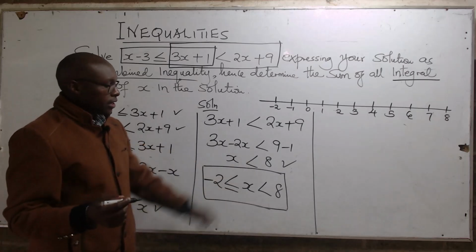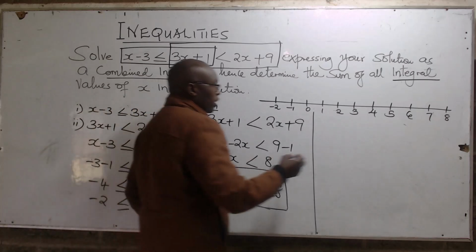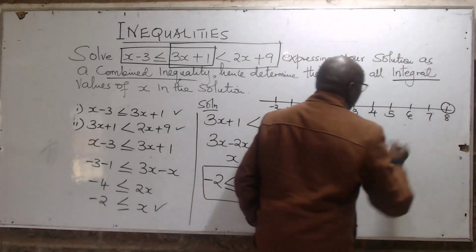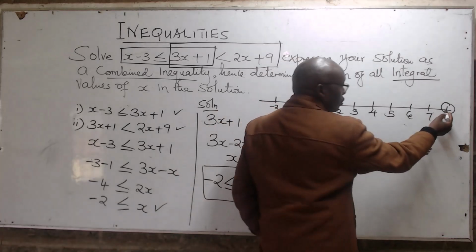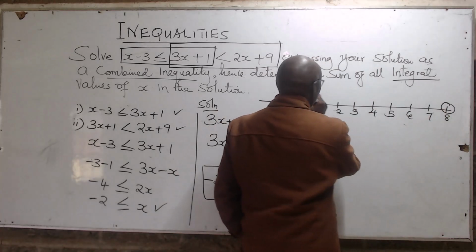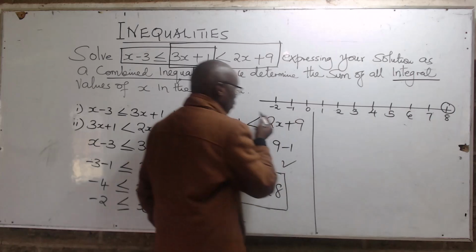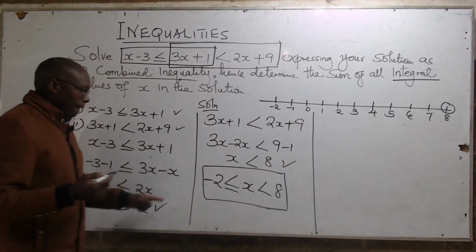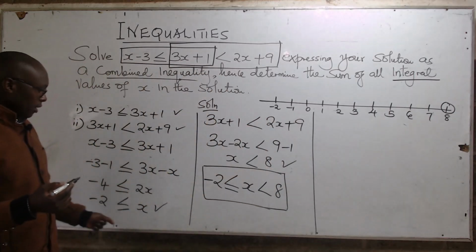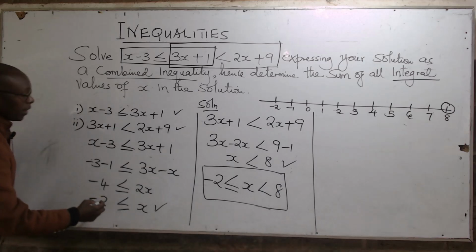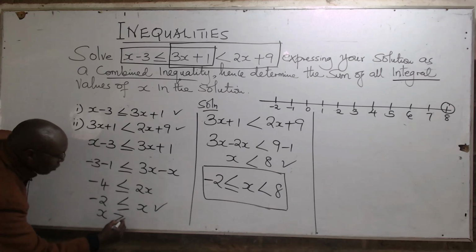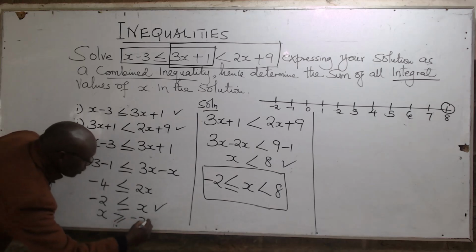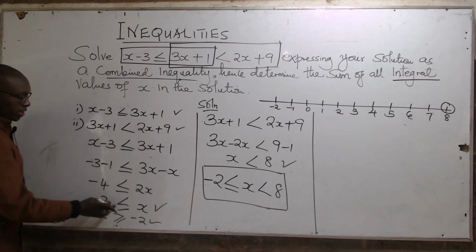We begin with x less than 8. We have 8 here. Less than means everything to the left, but 8 is not inclusive. The other one is x greater than or equal to -2, which is the same as -2 is less than or equal to x.